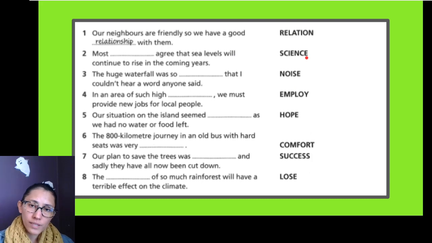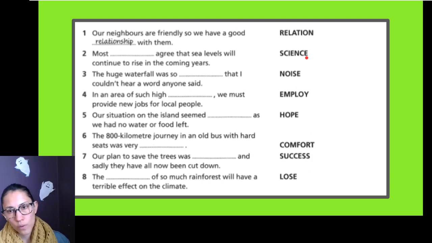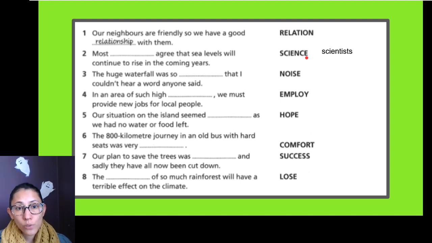So what word can I form using science? You should have the answer already, and it's plural: most scientists. Why do I know it's plural? Because I'm using "most", the group of scientists, not just a scientist. If it were just one, I would have used "a scientist".